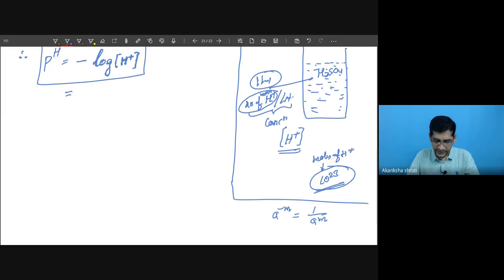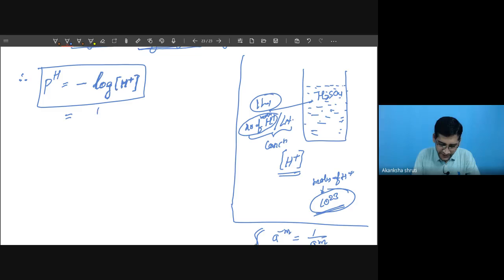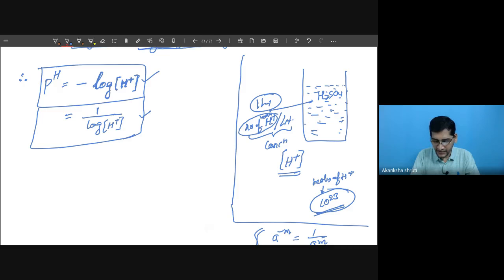In a similar fashion, minus log of a is like 1 by log of a. So this negative can be converted into positive by writing log H in the denominator. Both mean the same thing, so whether you remember the first one or this one, both are the same.